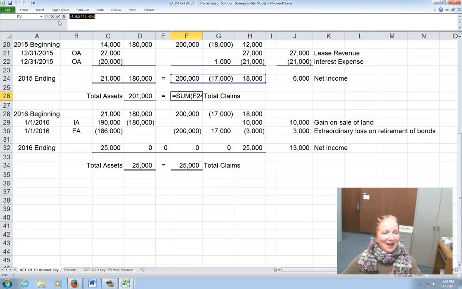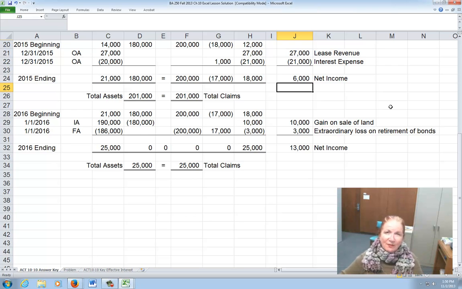Highlighted the wrong thing. There you go, so that those will light up. Now then, the net income is going to be the sum of this J column. You're going to add those two together to get the net income. And that is the 2015 transactions analyzed to see their effect on balance sheets using Excel now. Not heavy calculations, but analysis of the distribution of effects in the balance sheet.